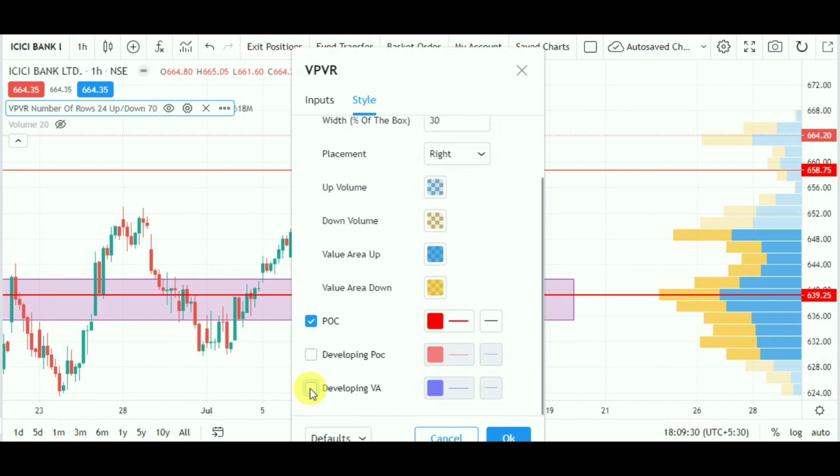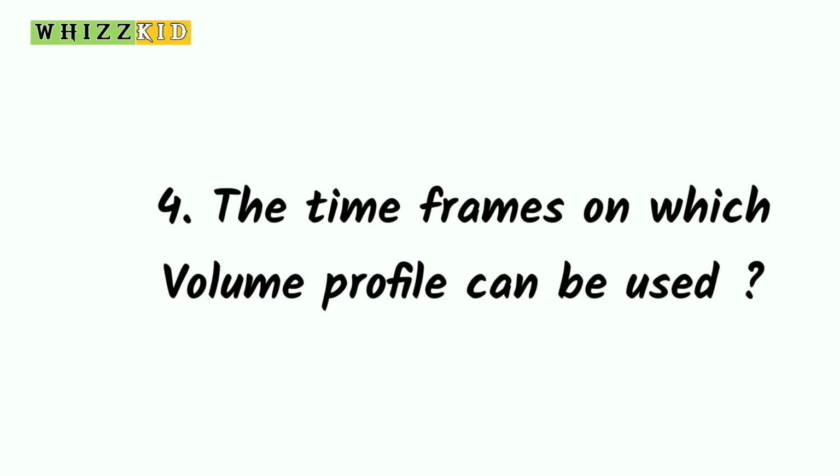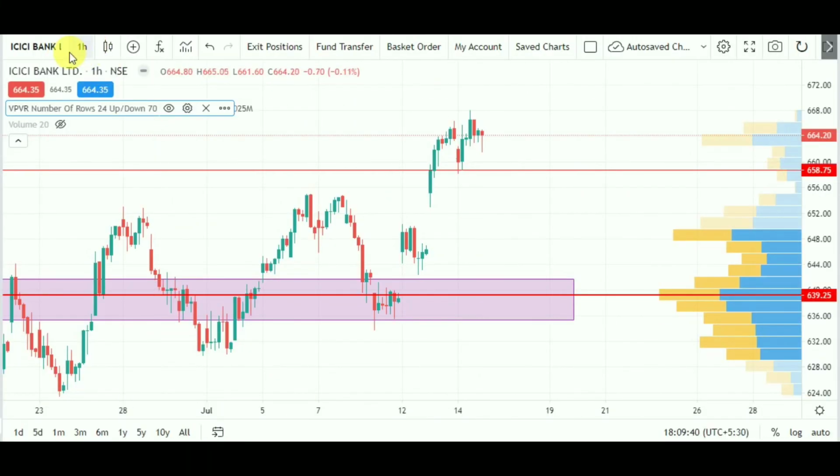And next, fourth, the time frame on which volume profile can be used. As we have seen over the last two charts, volume profile can be used on any time frame.